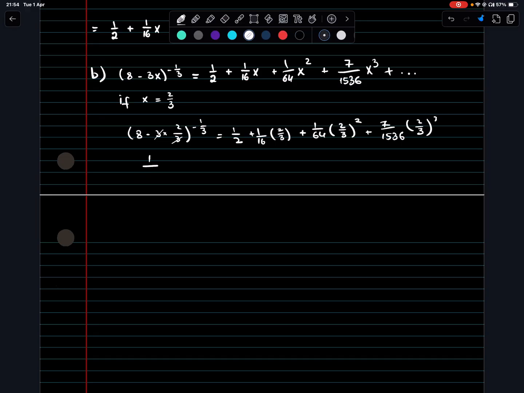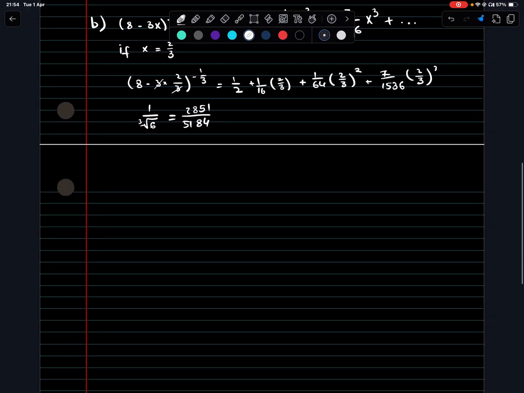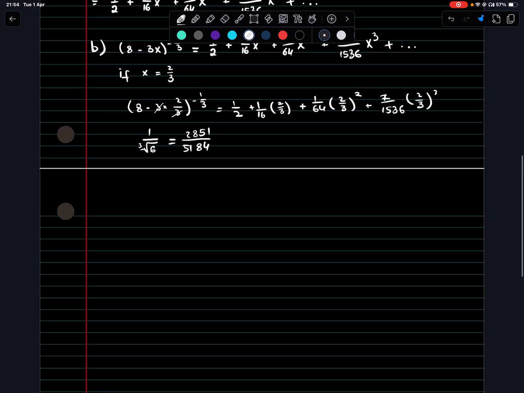Let's write it as 1 over the cube root of 6, which equals, all you have to do is put this into your calculator, I'm talking about this side, and calculate it. You're going to end up with 2851 over 5184. Then they ask to find the cube root of 6.